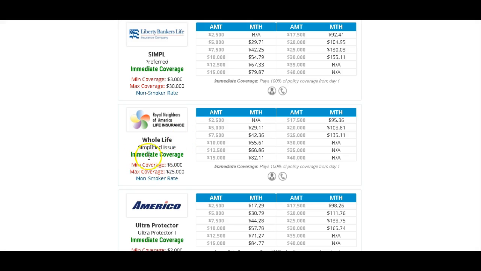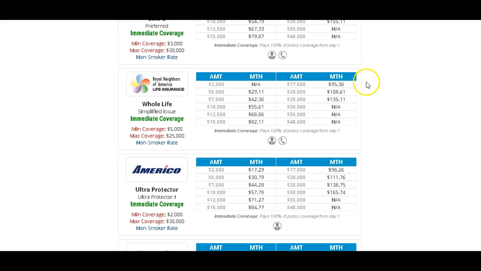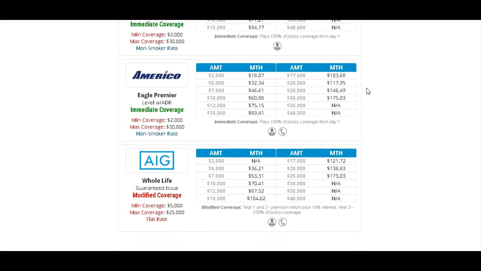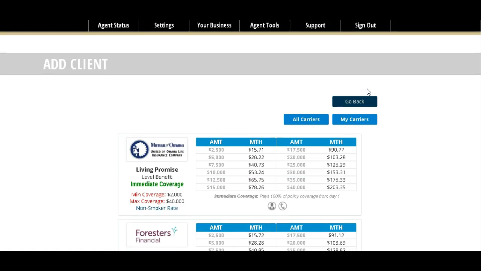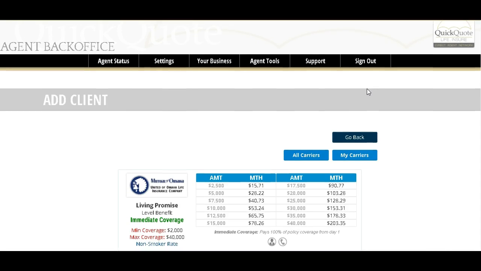I can get them immediate coverage. They go from 5,000 to 25,000. So in this particular case, if I wanted to get this person 5,000, we're looking at $29.11 per month. See, I quickly compared a bunch of carriers. Okay, and that's a very useful and dynamic tool that we have available to us.